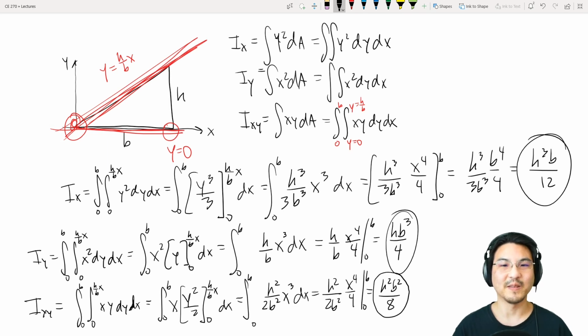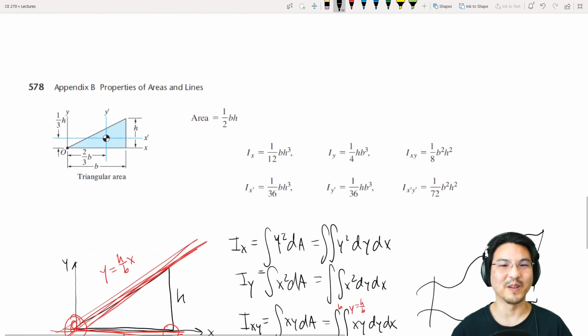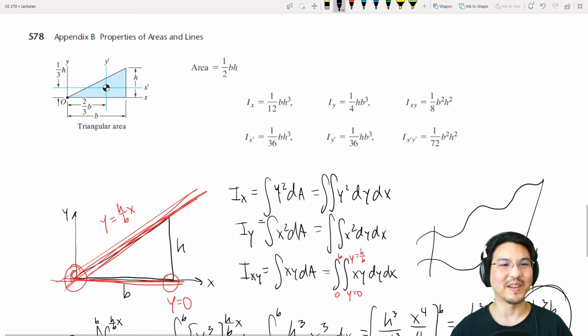So that's the method. You can use this for whatever shape or whatever function, you know the method. For simple geometric shapes such as these, however, you can just look in the appendix, which I have right here. There are different shapes: triangle, rectangle, circle, semicircle.